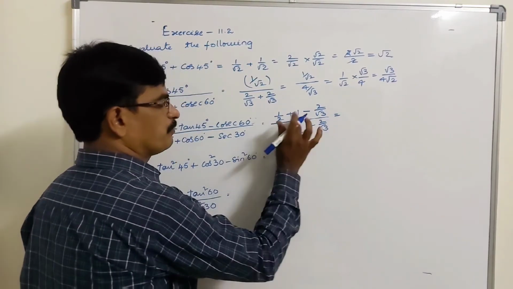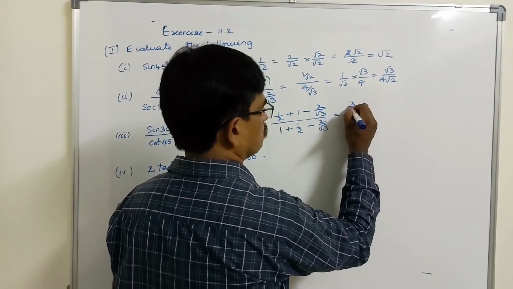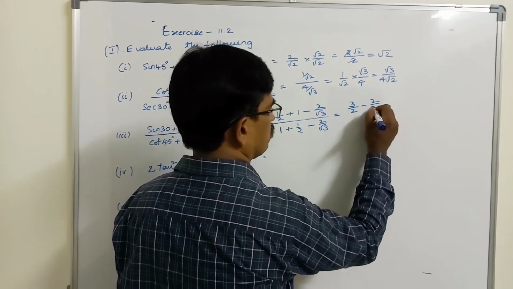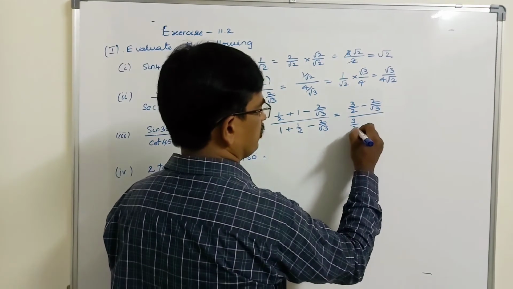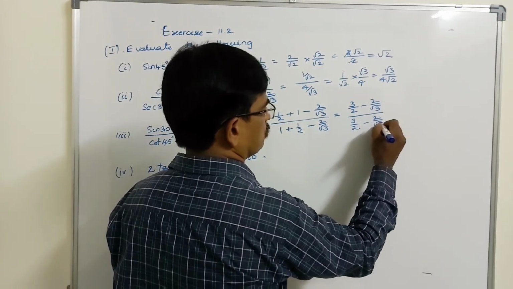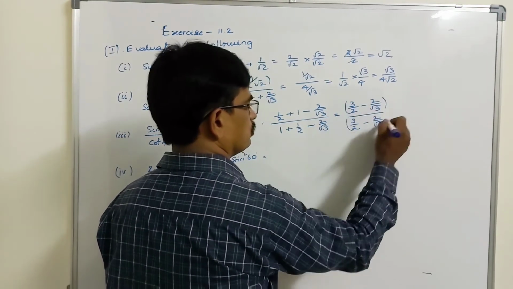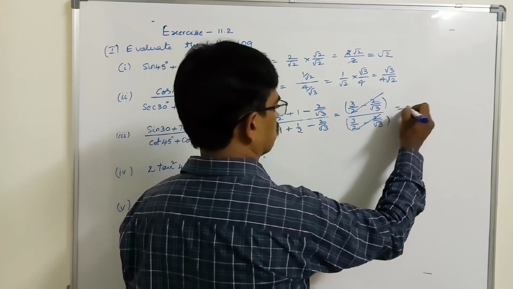That is half plus 1, 3 by 2, minus 2 by root 3, by half plus 1, 3 by 2, minus 2 by root 3. Both are the same, you can cancel out.